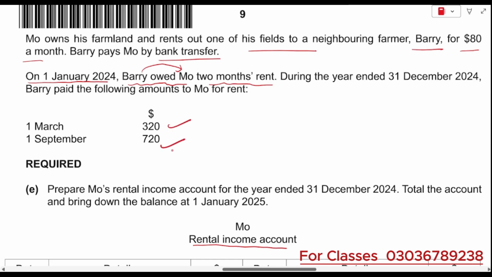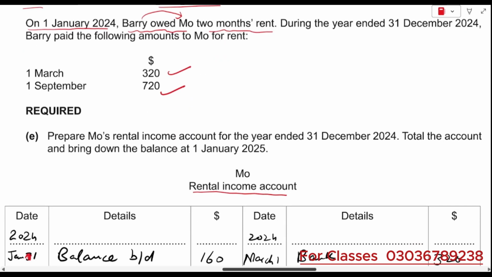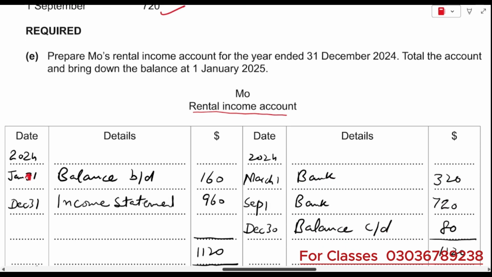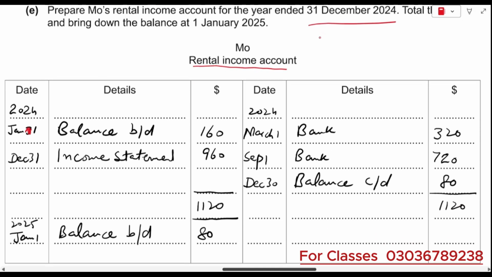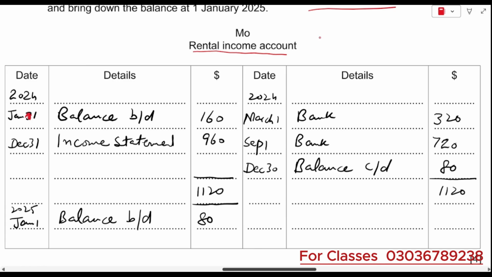These payments have been made during the year. Now they are asking you to prepare Mo's rental income account for the year ended 31 December 2024. Total the account and bring down the balance at 1st January 2025.